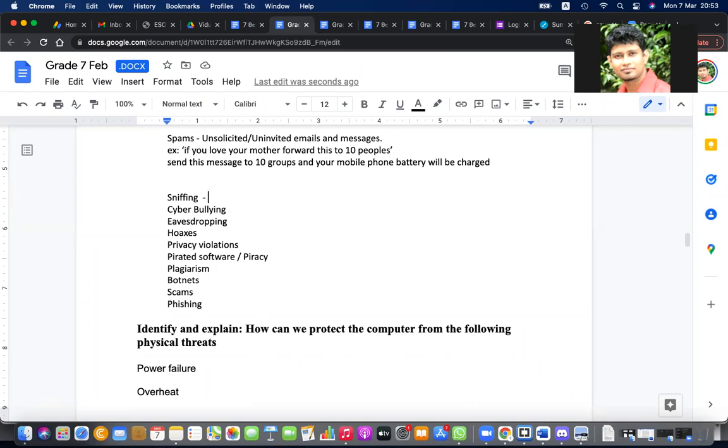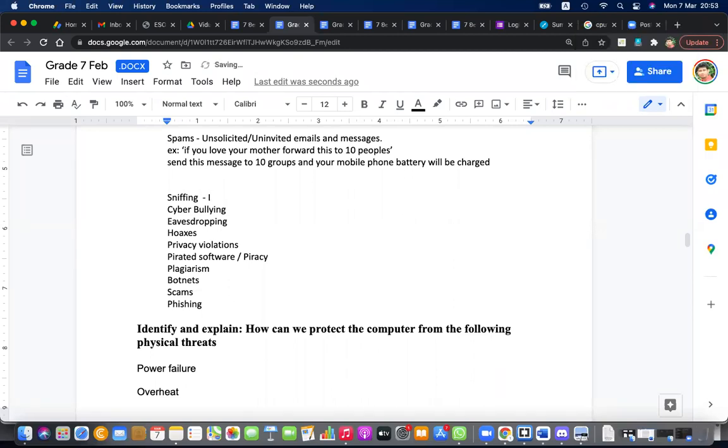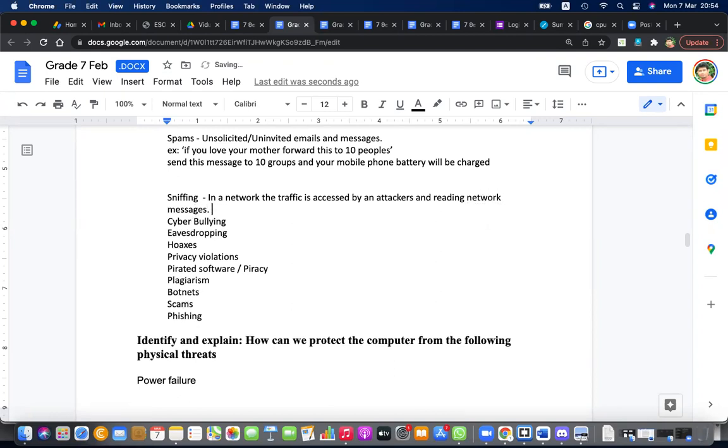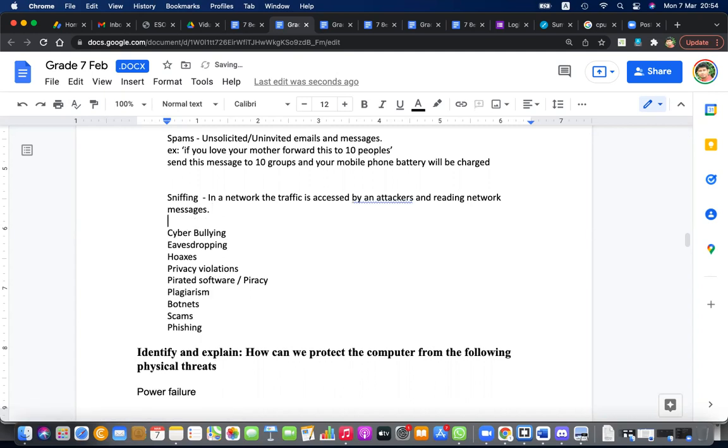In a network, the traffic is accessed by an attacker, reading network messages. When a network communication happens, an attacker is trying to sniff into the network and read those messages.